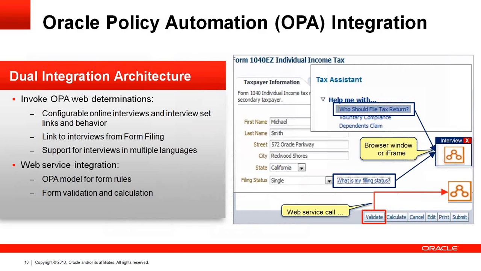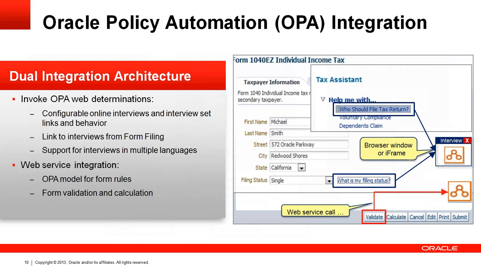If we look at the diagram here, we have a page called Tax Assistant that can contain a list of configurable interviews that, when the user selects them, will execute the online interview. This online interview can be to find out who should file a tax return, or to verify what filing status I should use when I file a tax form, and there are endless possibilities there.